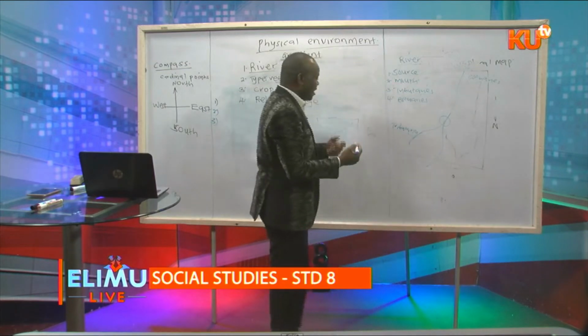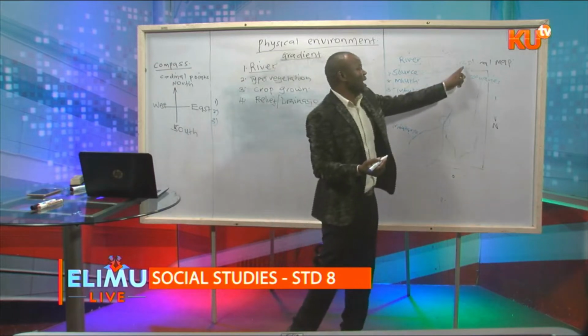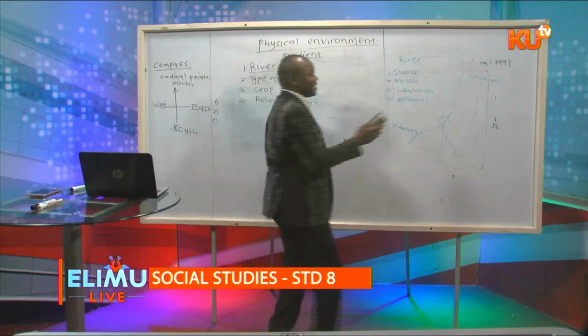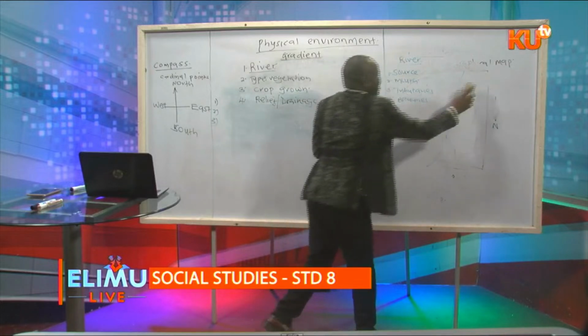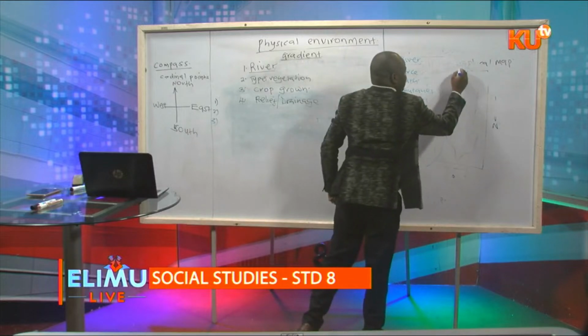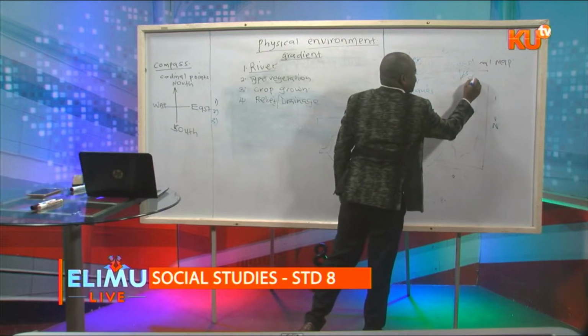But you'll find some rivers drain into a lake, into a swamp, or into any other places which are on the lower part using more than two branches. This one, we call it a delta.